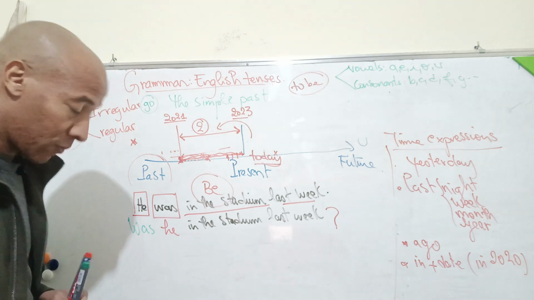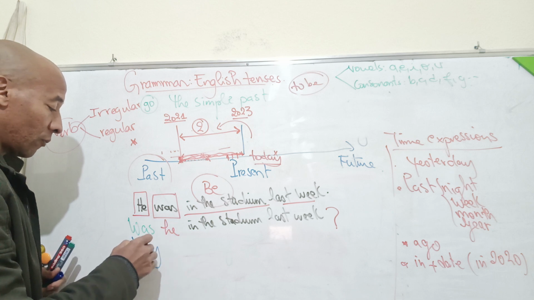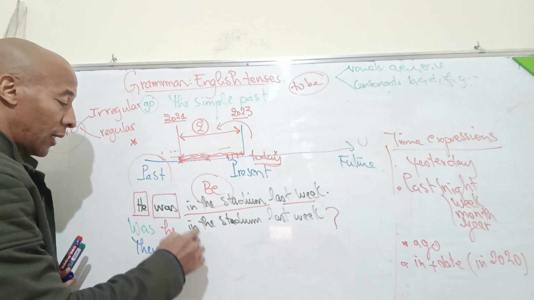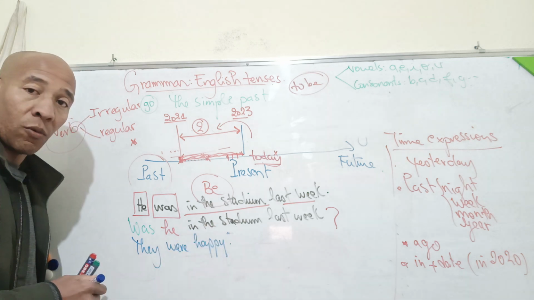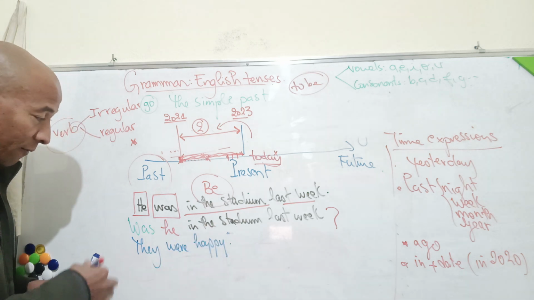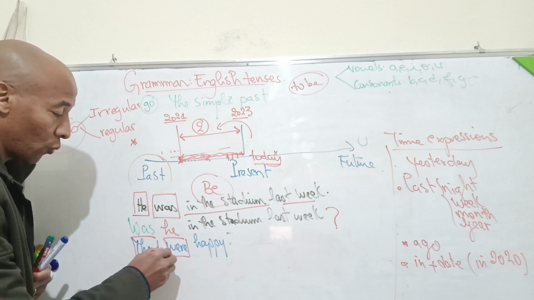For example, I have another example. They were happy. Now, in the simple past, here we have subject they, verb were.